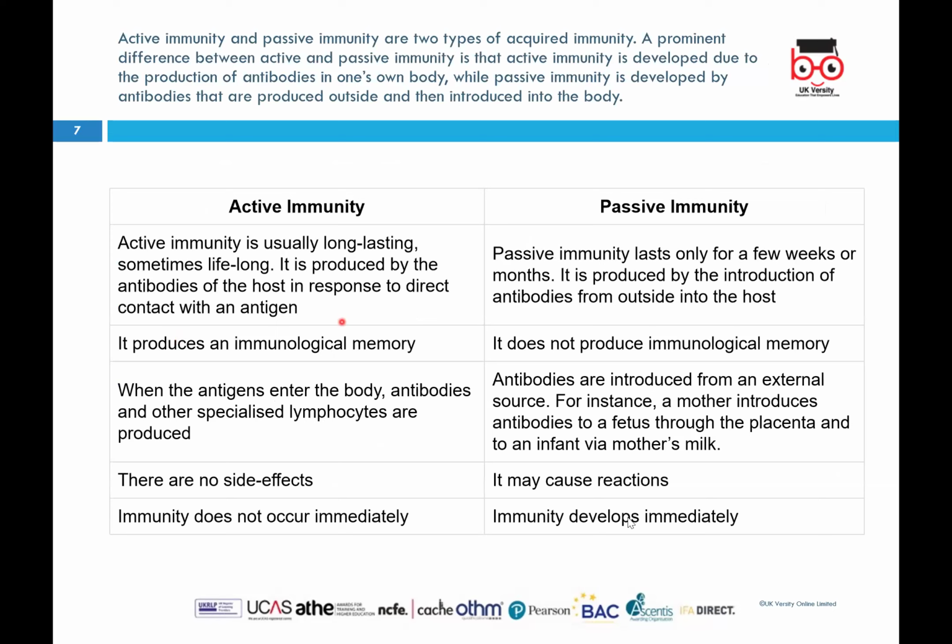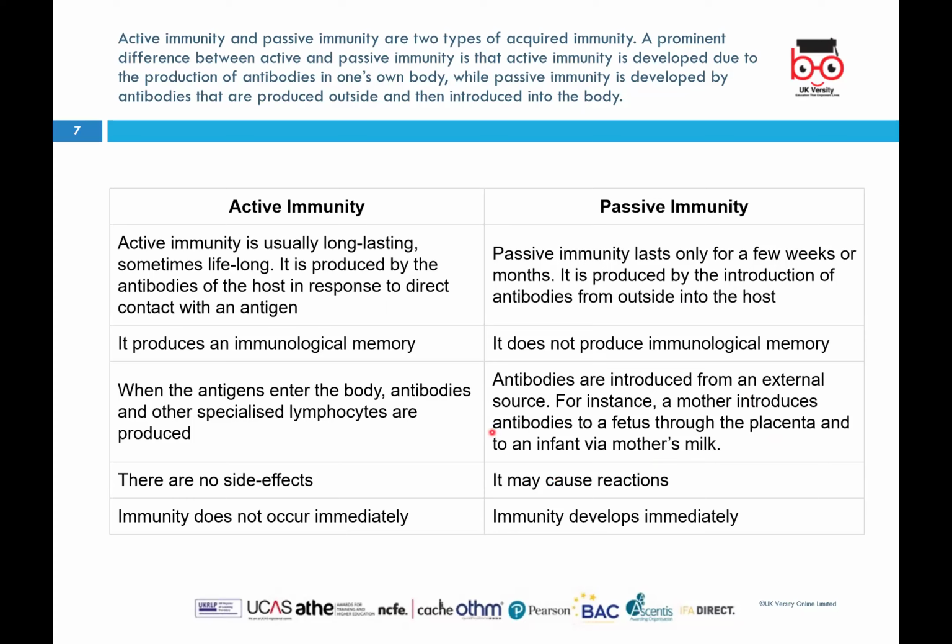Antibodies, we had also talked about, happens by the transfer of antibodies from the mother to the child in the womb. So it's the fetus that gets the antibodies through the placenta. And sometimes antibodies can cause reactions. Active immunity does not have any reactions or side effects.